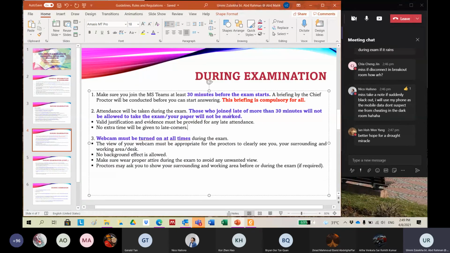Therefore, those who join late of more than 30 minutes will not be allowed to take the exam, or your paper will not be marked. So similar to your class, after the class, I will check those who attend late more than 30 minutes. I believe you received my email, right? Dear student, please be informed that this is the attendance captured from MS Team.